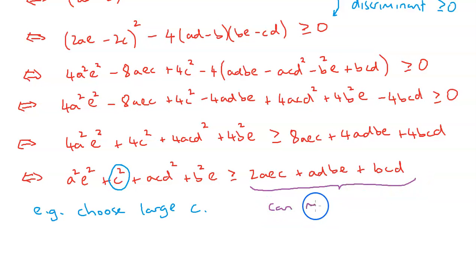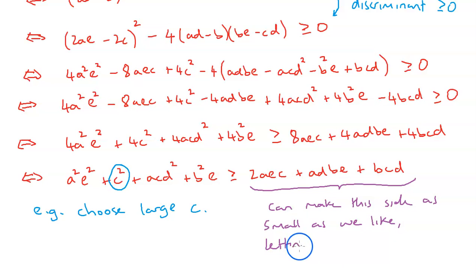We can make this side as small as we like, letting a, b, d, and e tend towards 0. So we can choose them as close to 0 as we want.